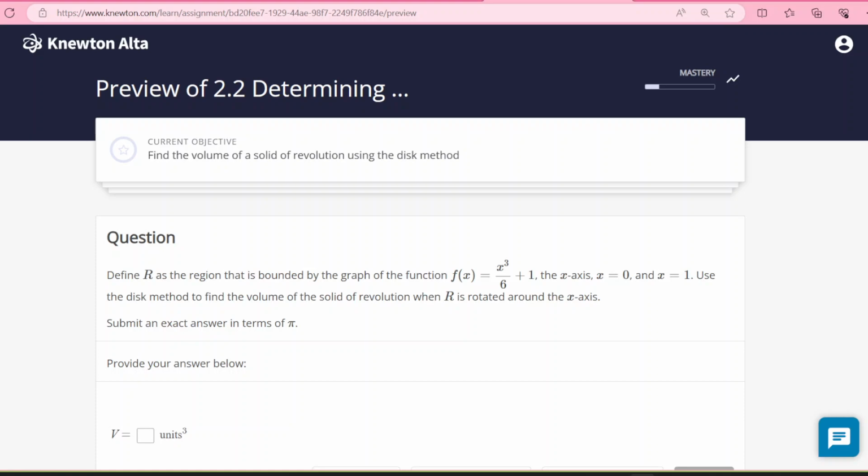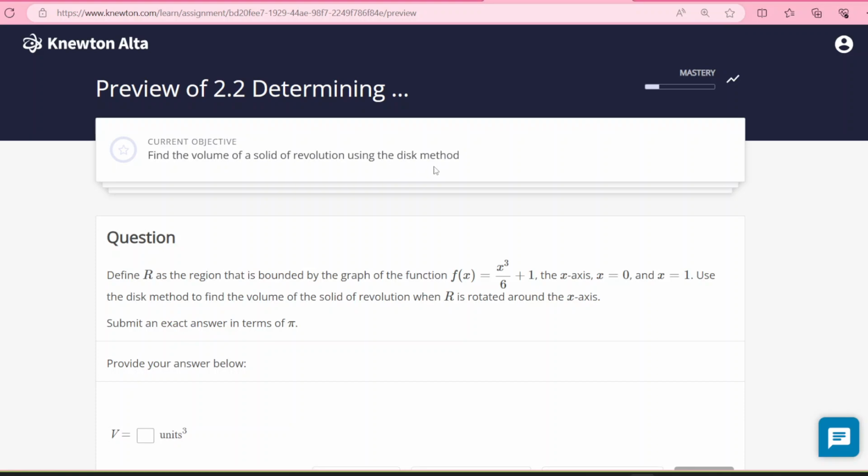All right, so my first example is on the objective: find the volume of a solid of revolution using the disk method. If you recall what we were doing in the cross-section objective, I was making slices perpendicular to something, perpendicular to the x-axis. We didn't see any problems with perpendicular to the y-axis, but you may.